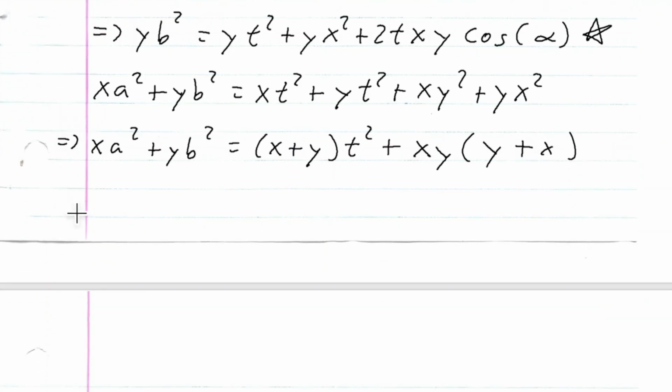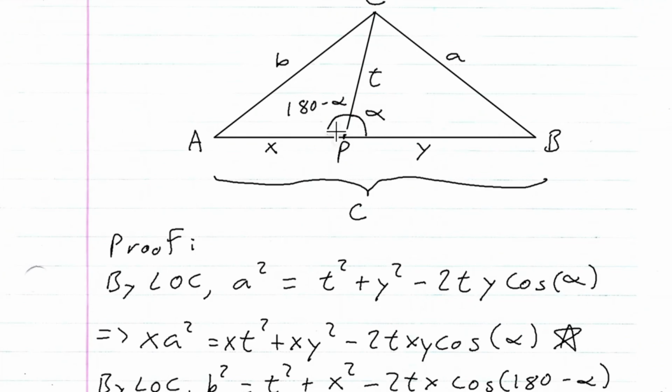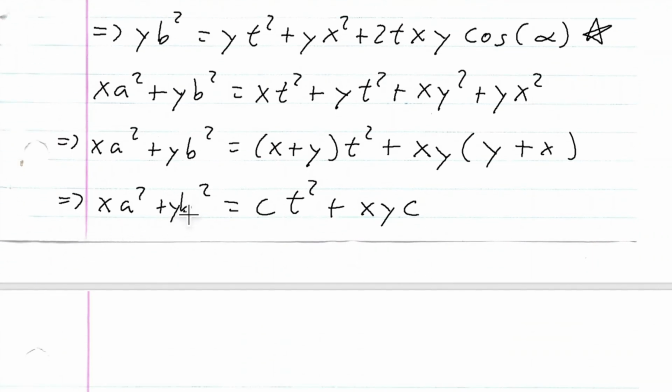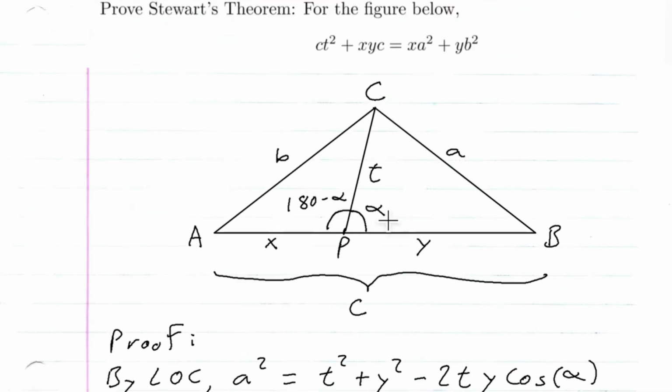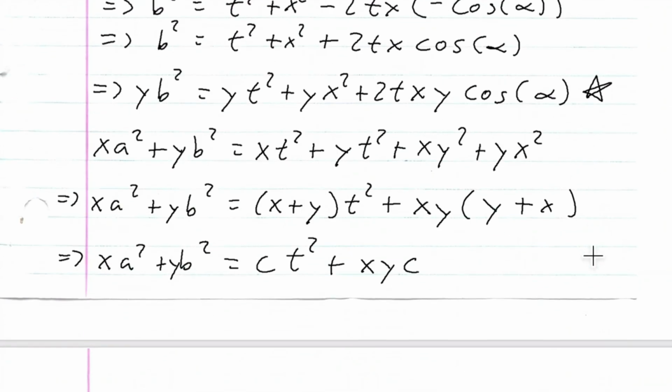And like I said before, this implies that xa squared plus yb squared is equal to x plus y, which is c, t squared plus xy, and y plus x is of course the same thing as x plus y, and that is c. So I get xa squared plus yb squared is equal to ct squared plus xyc, which is exactly what I wanted. And that is the proof of Stewart's theorem.